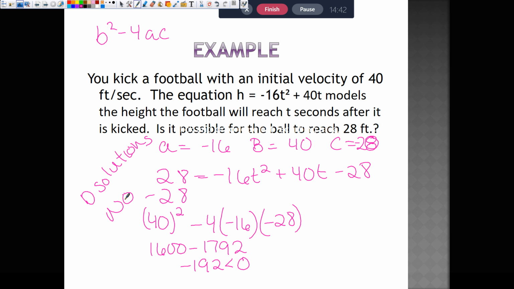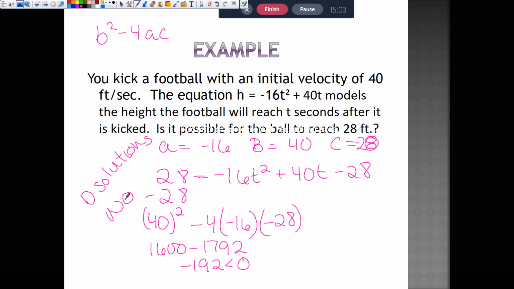It would have to equal 0 for it to just reach 28, or be greater than 0 for it to reach.